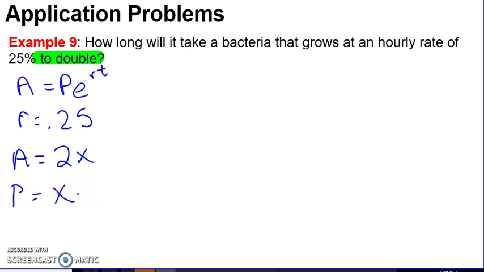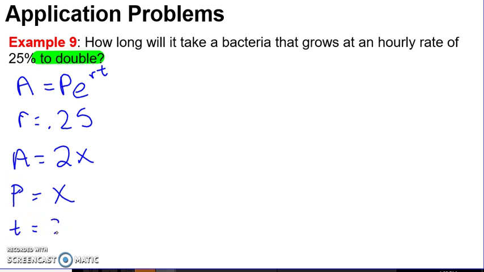How long will it take a bacteria that grows at an hourly rate of 25% to double? If my principal is x, my answer has to be double the amount of x. So I have this set up, which means I don't know what my t value is.